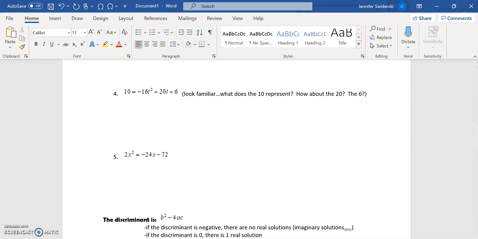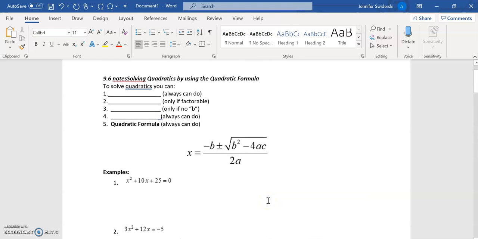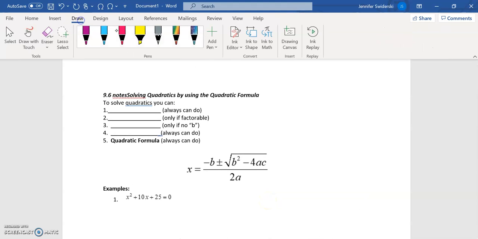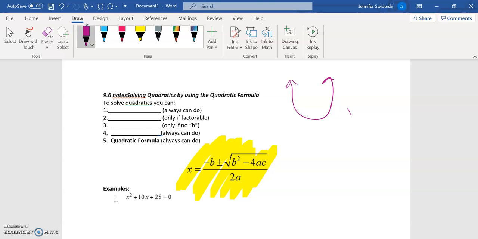All right, guys, this is the second part of our notes for 9-6, which is on the quadratic formula. We talked a little bit earlier this week about this quadratic formula that can be found here in your notes. Our ultimate goal is to solve for x, figure out where the quadratic is hitting our x-intercept if it's graphed.